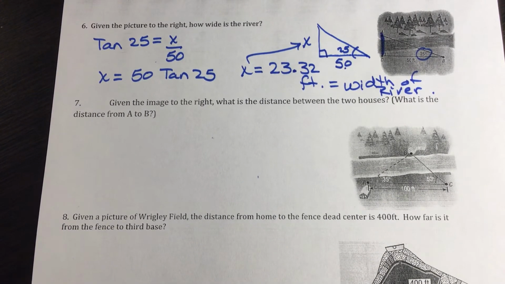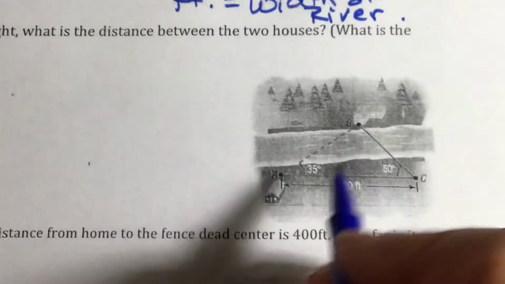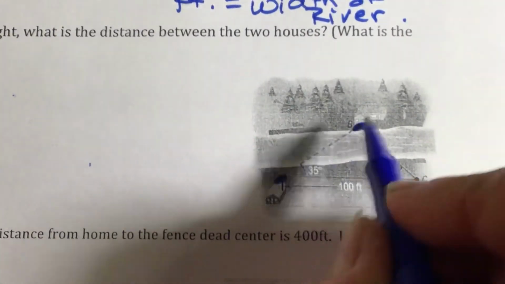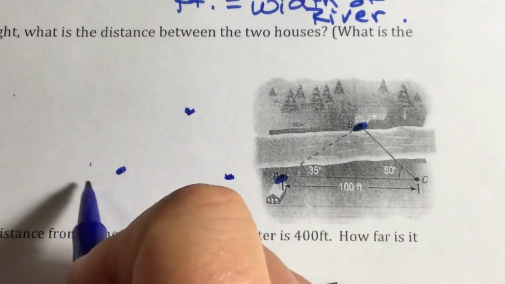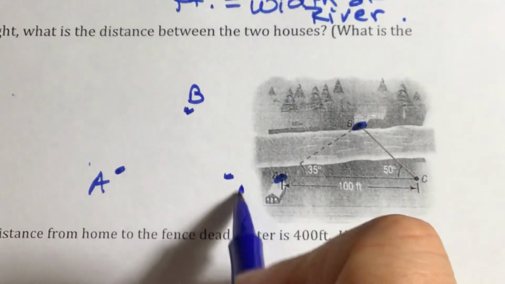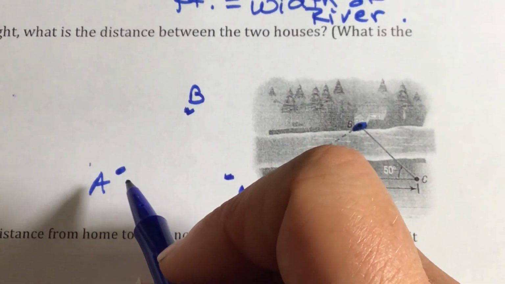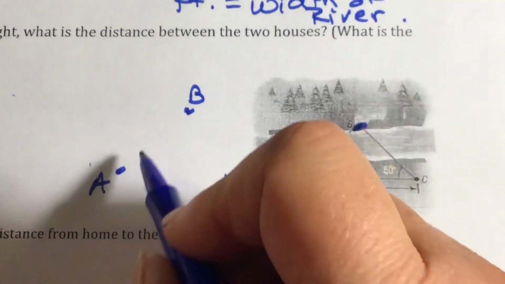Number 7, given the image to the right, what is the distance between the 2 houses? So let's look again. So here I have house A and house B. A, B, C. And I'm finding the distance between the 2 houses.